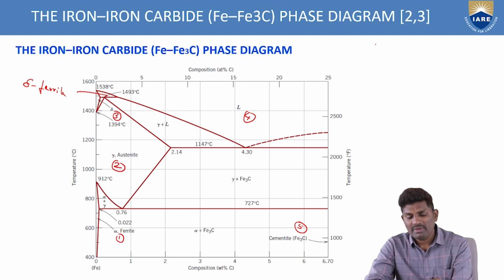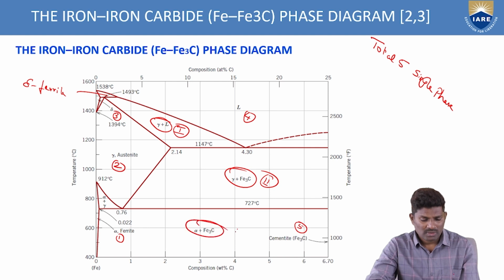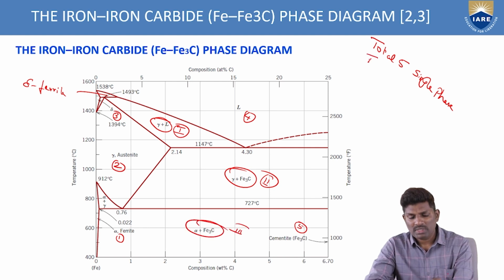So in total you have 5 single phases. And how many dual phase, double phase? I will take Roman numerals: 1, 2, 3. So in total 3 double phases.